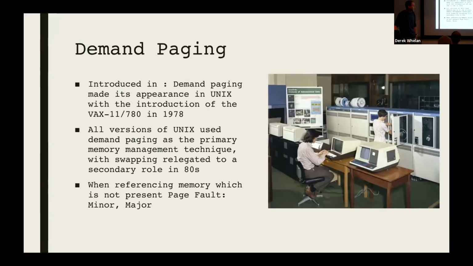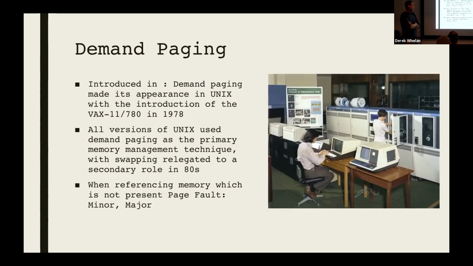Demand paging. Demand paging is another technique of virtual memory, introduced in '78 with the VAX-11. This was the first DEC mainframe which has a 32-bit address space. And it provides demand paging, which requires hardware support to maintain the page table inside the processor.